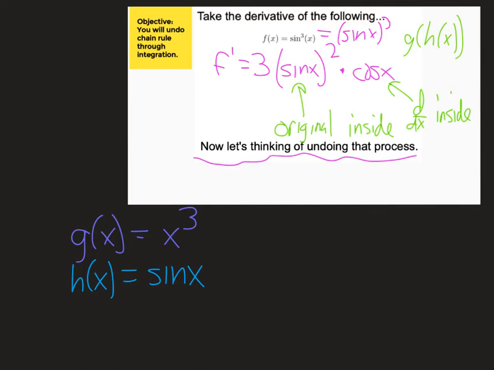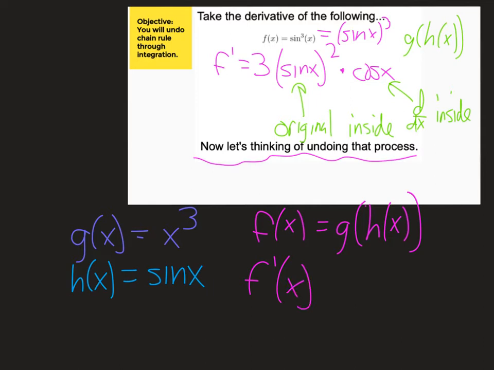And then f is g of h of x, and f prime is g prime of h of x, and then times h prime of x.